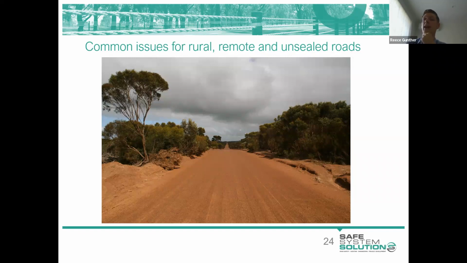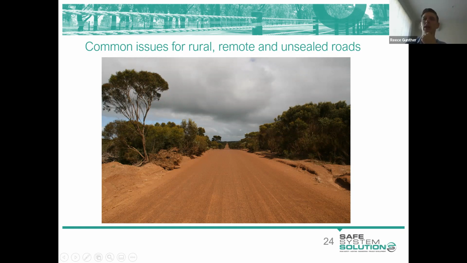Yeah, dust is a hard one in these, treating dust, bull dust and the like. The crossfall can be quite flat, and that might get worse over time as well, depending on routine maintenance. Yeah, lighting and delineation might be difficult, to get some lighting out here, given its remoteness, but solar panel lighting is becoming more and more available.